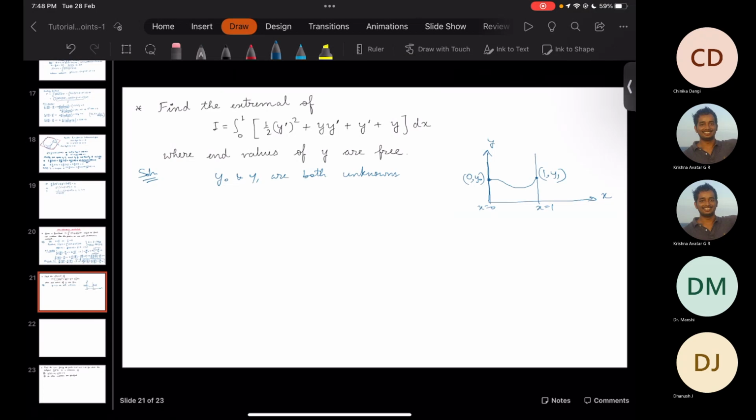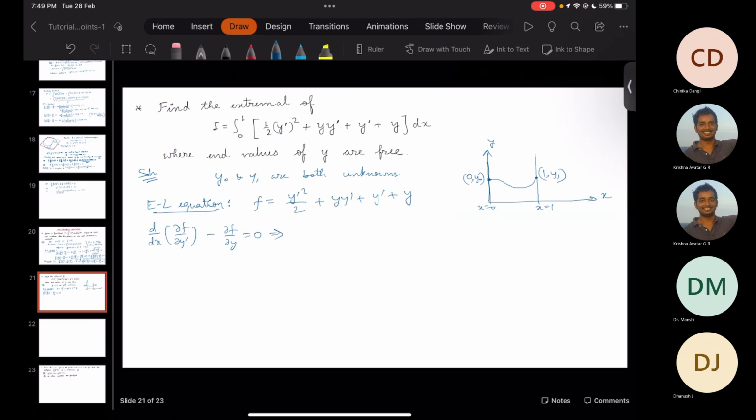Okay, so let's first find the Euler-Lagrange equation of this problem. Say f is equal to y' squared by 2 plus y' y plus y. So the EL equation is d/dx of ∂f/∂y' minus ∂f/∂y is equal to 0.